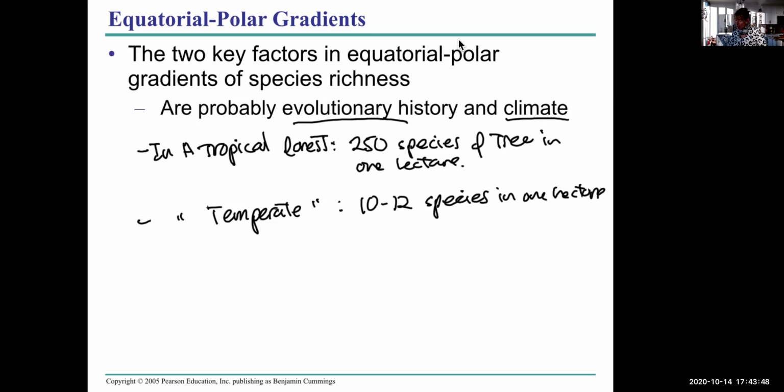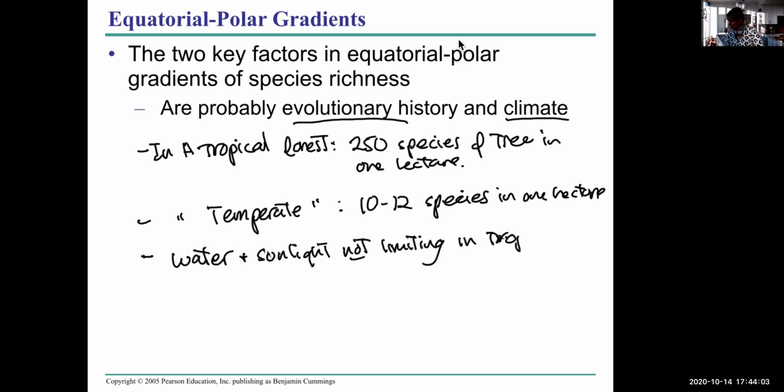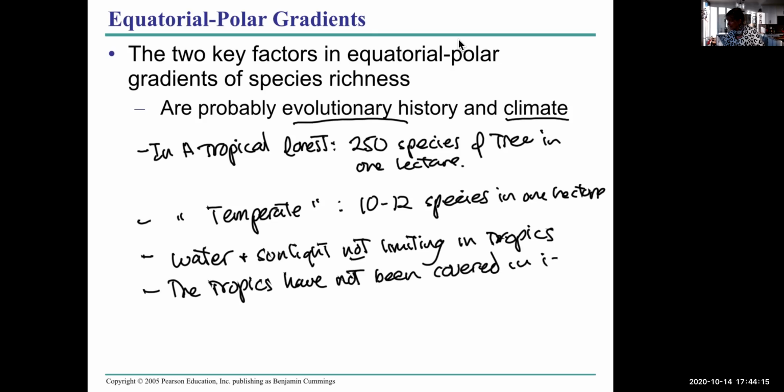So climate is not limiting, particularly water, sunlight is not limiting in the tropics. And also the tropics have not been covered in ice as often.